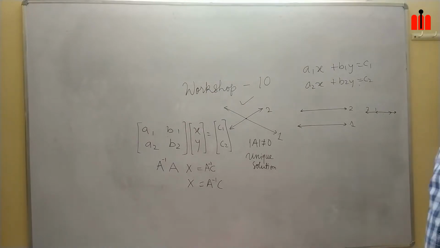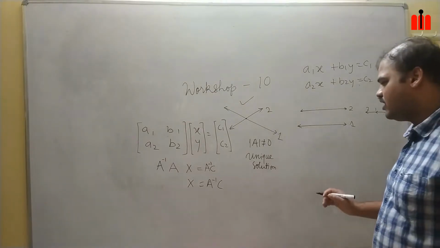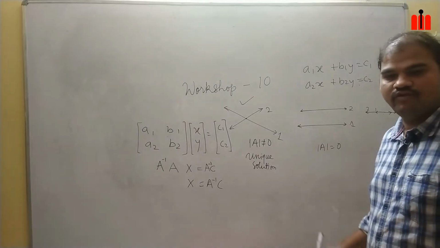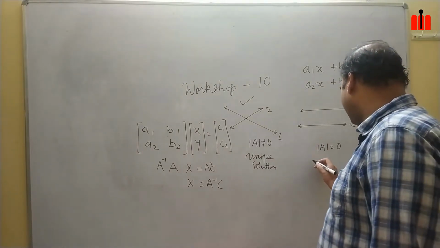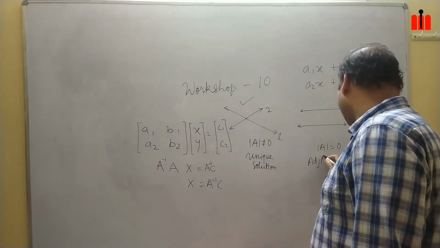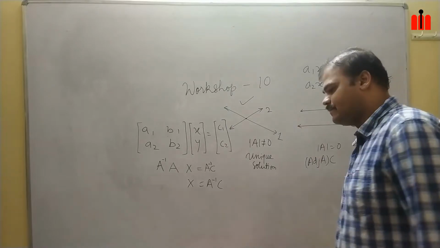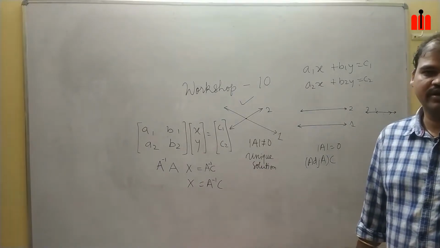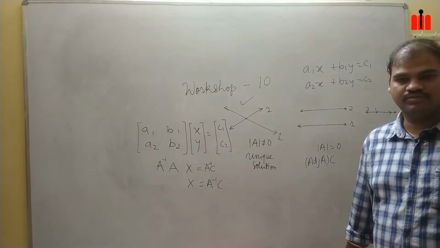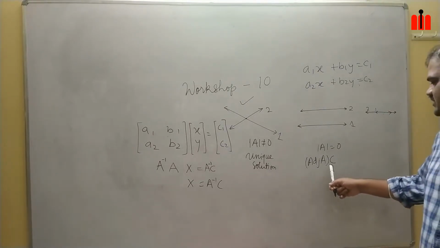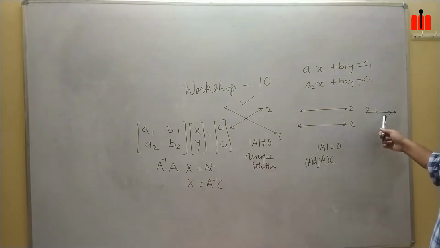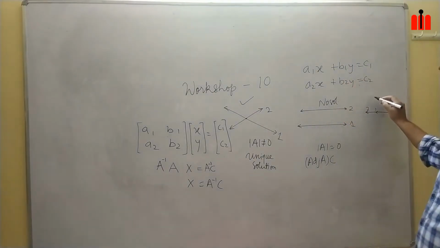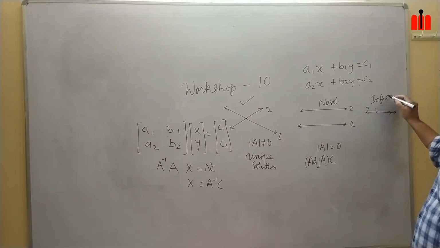Once determinant of A is equal to 0, we have to find adjoint A into C. If this turns out to be 0, then it can be either no solution or infinitely many solutions.